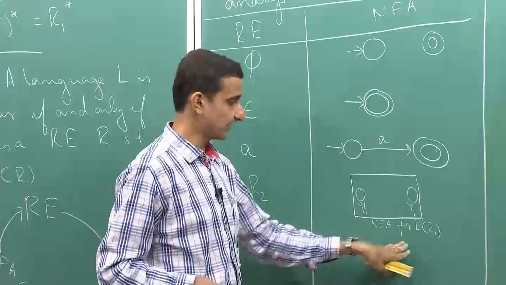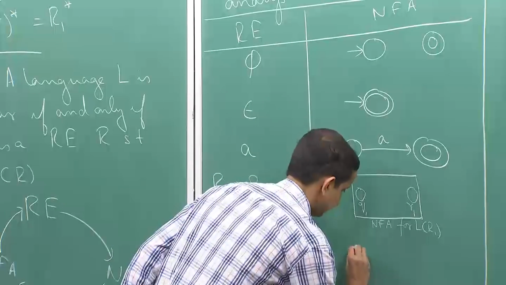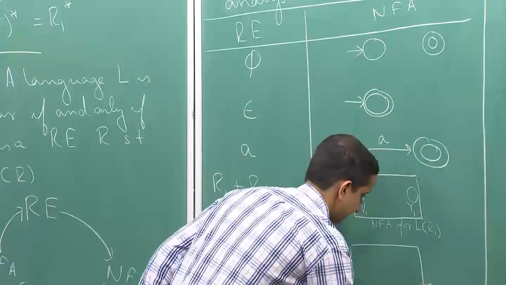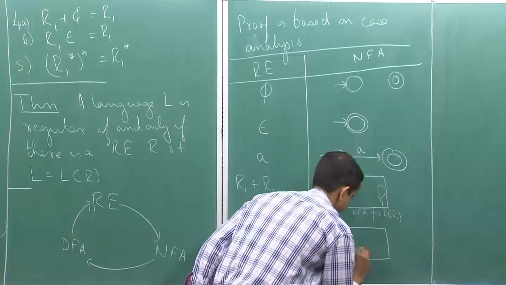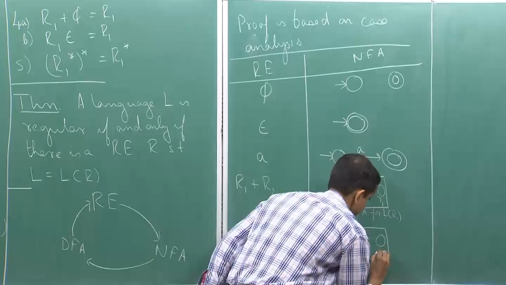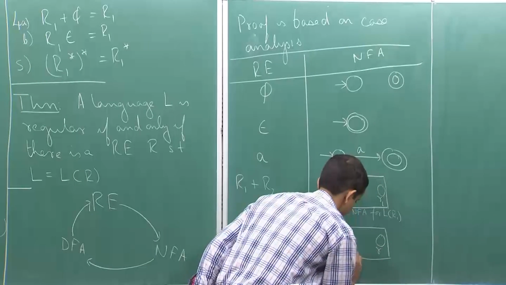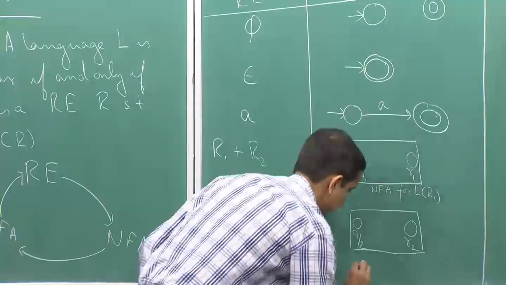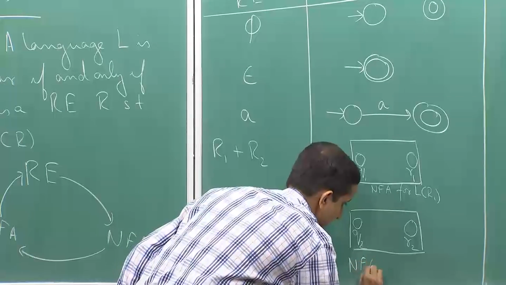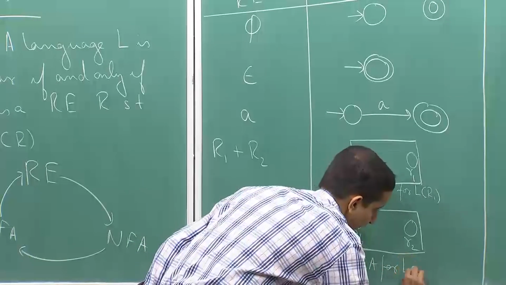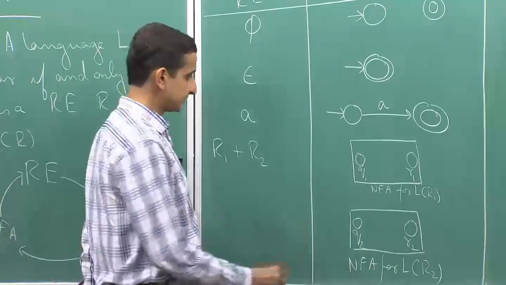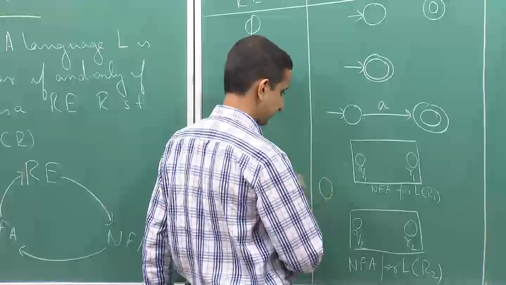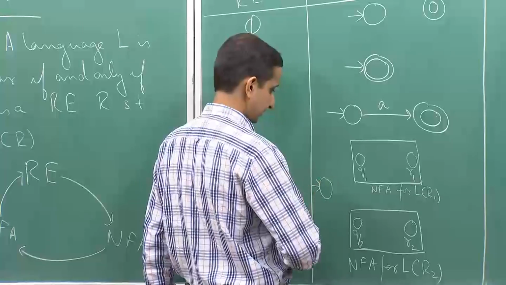So, we have an NFA for L of R1, then we have similarly an NFA for L of R2.